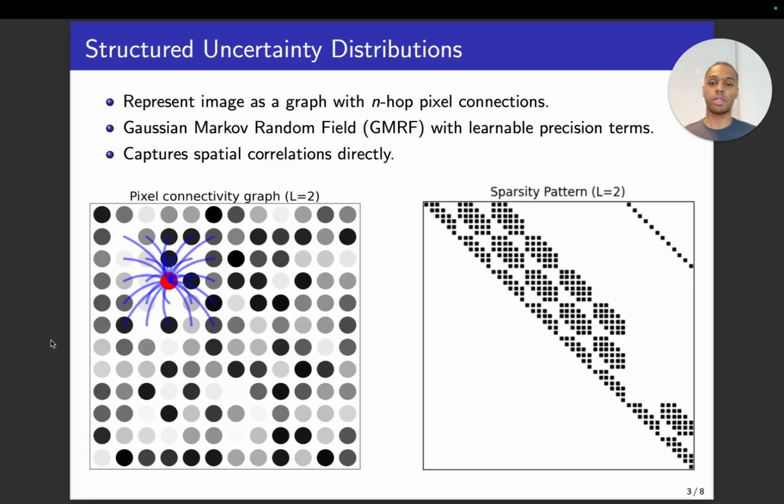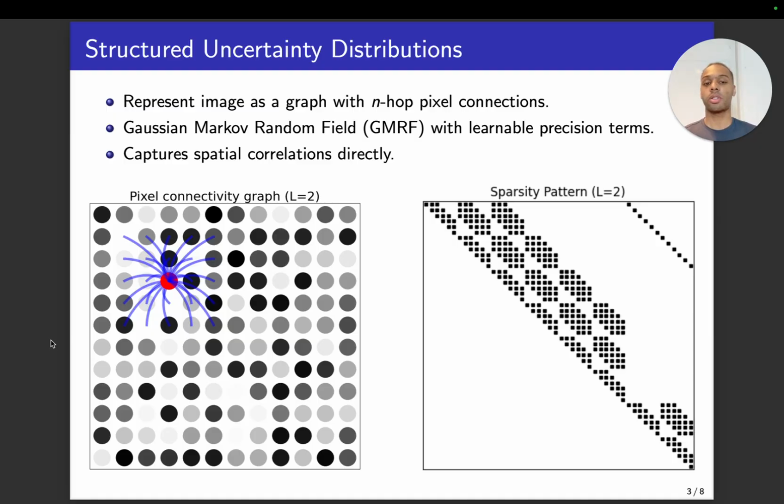More specifically, we represent images as Gaussian Markov random fields. In a Gaussian Markov random field, you represent your image as a graph, where connected components in the graph represent pixels that are directly correlated to one another, in the sense that if you condition on all other pixels in the image, then the conditional correlation between these two pixels is still non-zero.